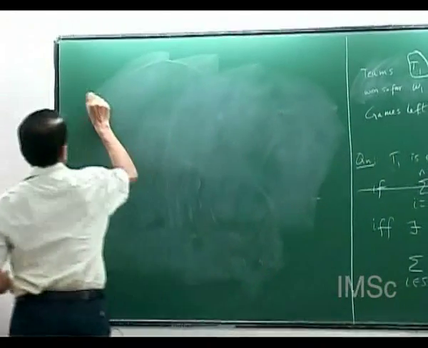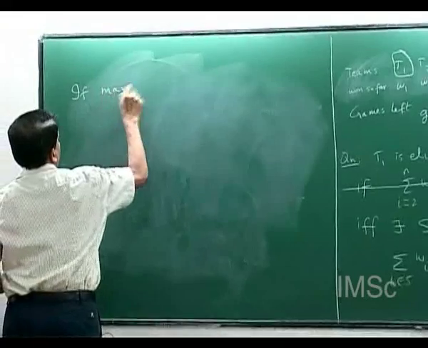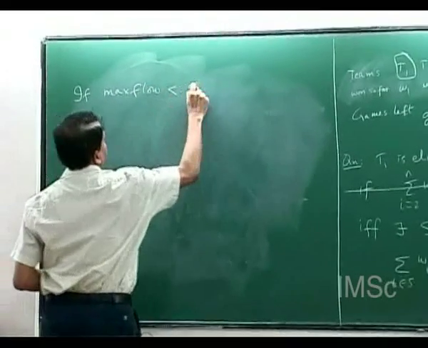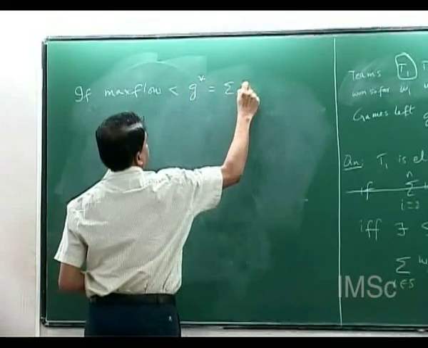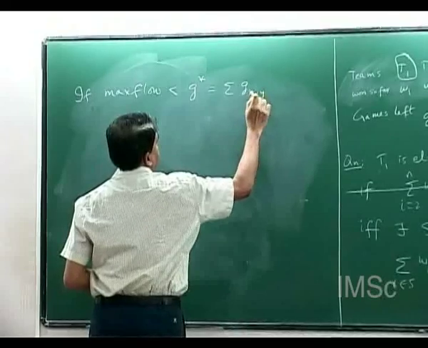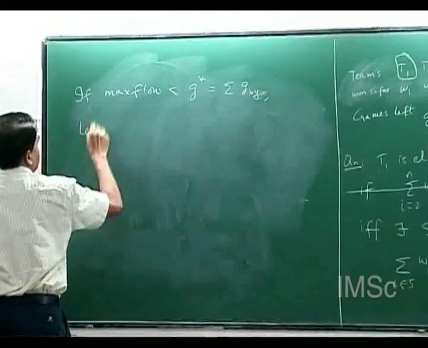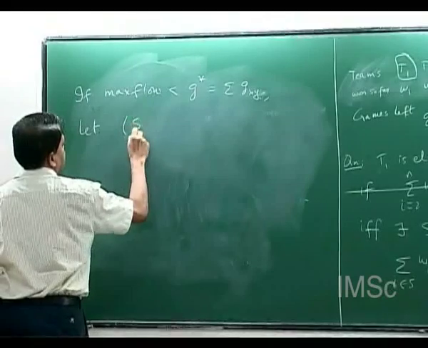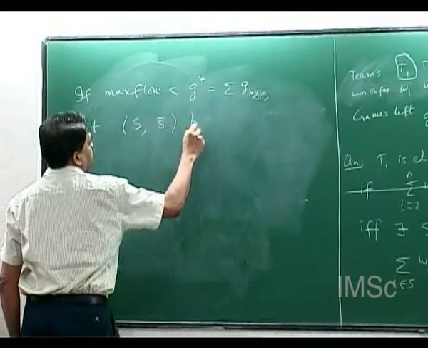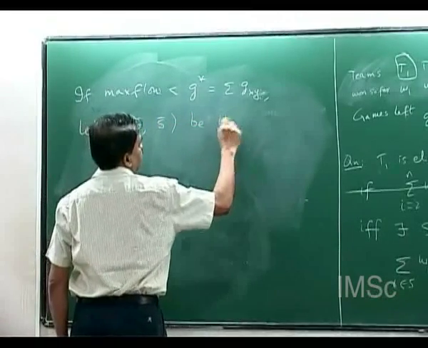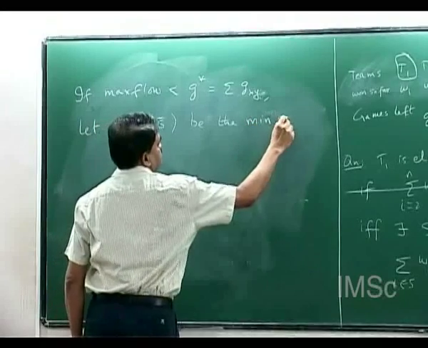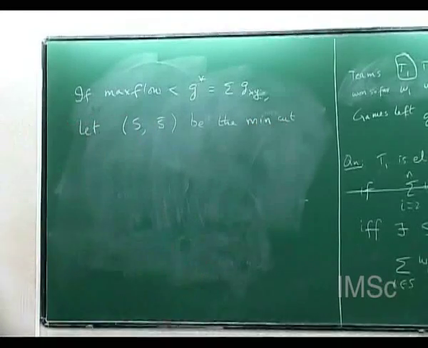Okay. So, if max flow is less than G star, which is equal to summation g x y, let S, S bar be the min cut. So, it is a cut of this vertex set.